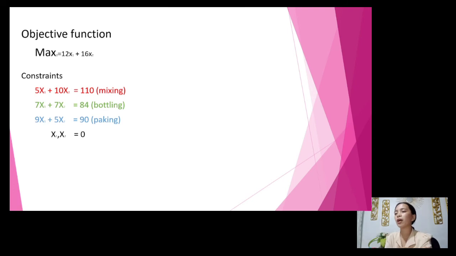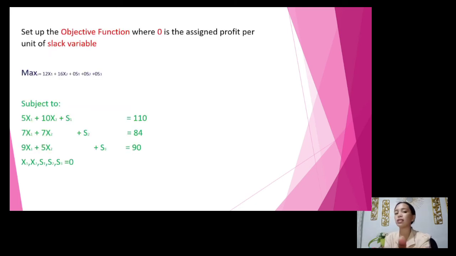Then 7x sub 1 plus 7x sub 2 equals 84 for bottling process, and 9x sub 1 plus 5x sub 2 equals 90 for packing process. Then x sub 1 and x sub 2 are greater than or equal to 0. Then we need to set up the objective function. So this is now our objective function.